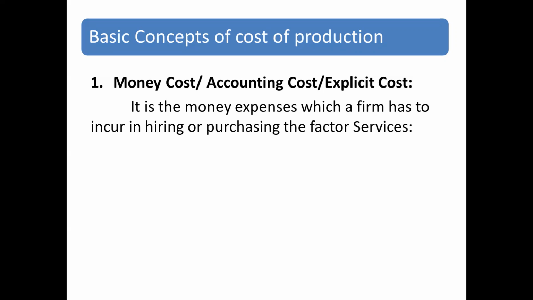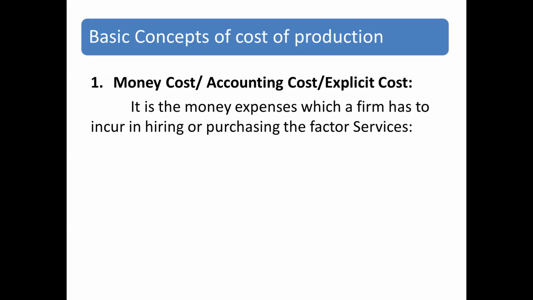When he is using those factors and paying for them, here we cover only those factors for which he makes payment. For example, he's borrowed money, so he'll pay interest on that. If he's using the services of workers, he'll pay salaries and wages to the workers. So this is known as the money cost.